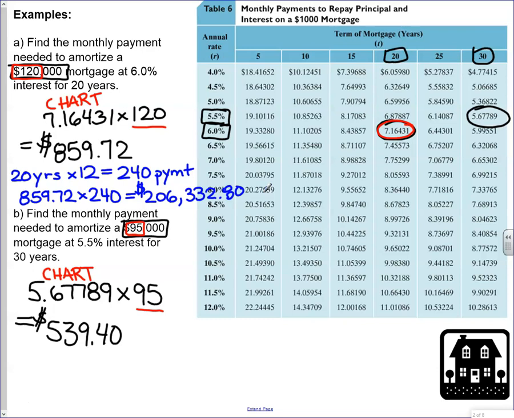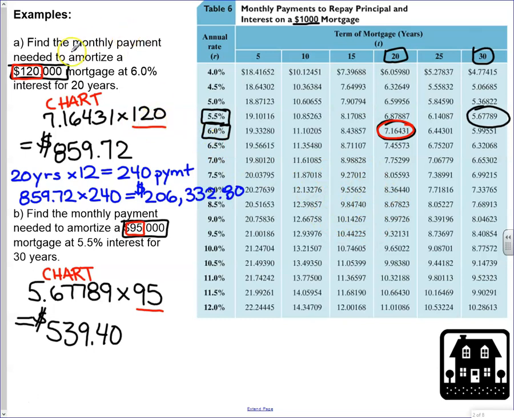So because of that, we're going to think of how much we borrowed in terms of thousands. All right. So for example, over here, if we're borrowing $120,000, then that's going to be like 120 thousands, right? So we end up finding our value in here and multiplying by the number of thousands that you're borrowing.